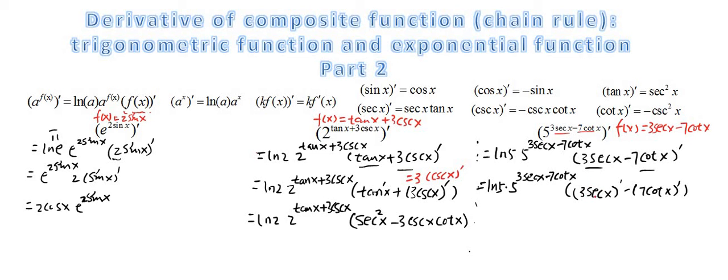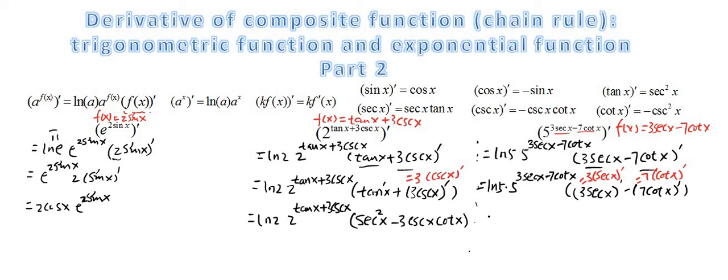For the derivative of 3 times secant x, we apply the constant multiple rule. That will be 3 times the derivative of secant x, and this term will boil down to 7 times cotangent x prime.